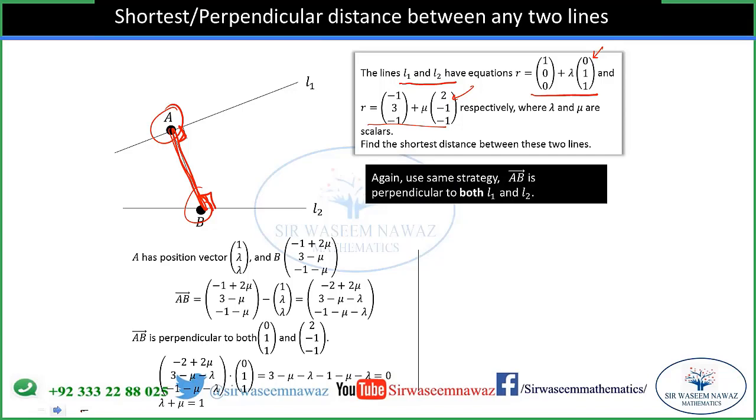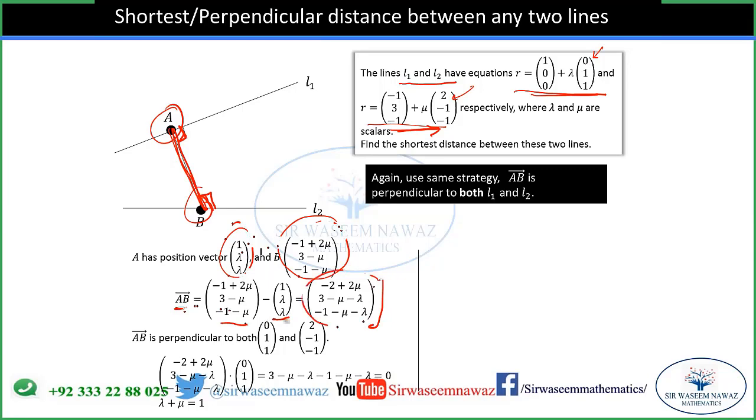Now the strategy is the same as we have done before. We have the position vector of A, that is on the first line L1: 1 plus lambda times 0, 0 plus lambda, so we have this position vector. Similarly, by these two I get the position vector of B. I find this line AB, OB minus OA, and I got this vector.